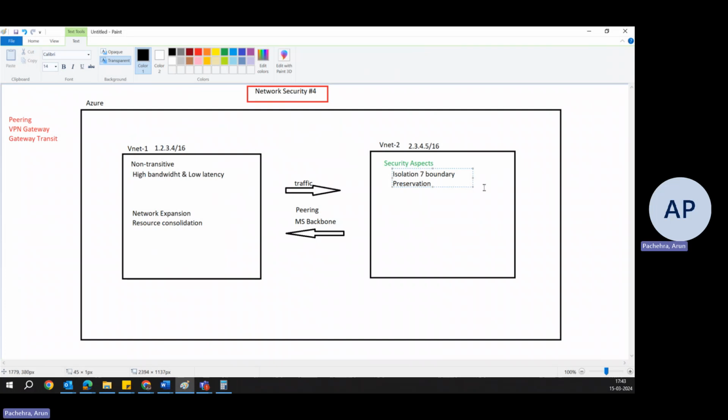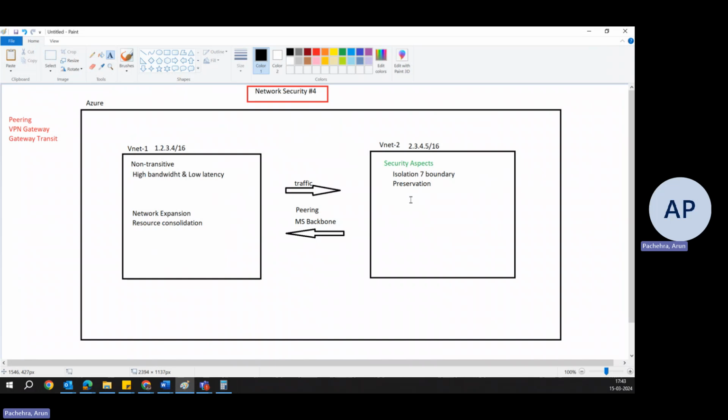Now, if you're listening to me properly, from the very first I started talking about peering, and I may point out something that I pointed out at that time. All right. So, when two virtual networks are peered, they establish a direct connectivity link that allows resources in one VNet to communicate with resources in another VNet.